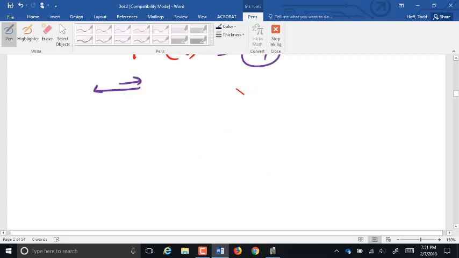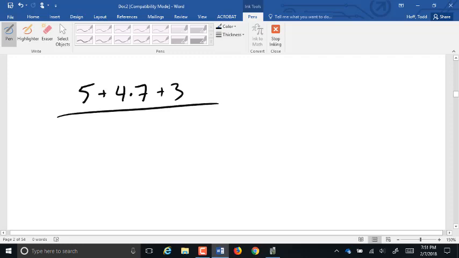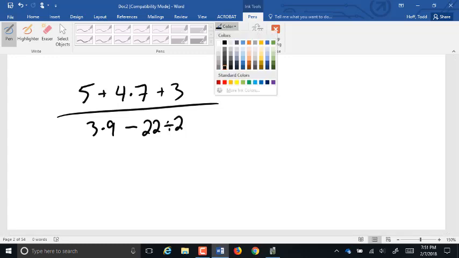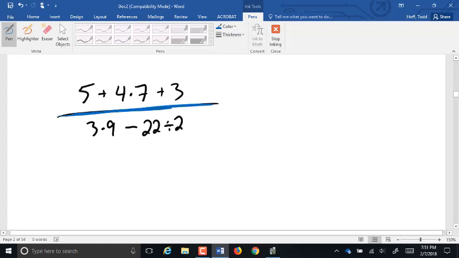Now, a little bit trickier type of problem might look like this. So looking at this one, we have this line across here.